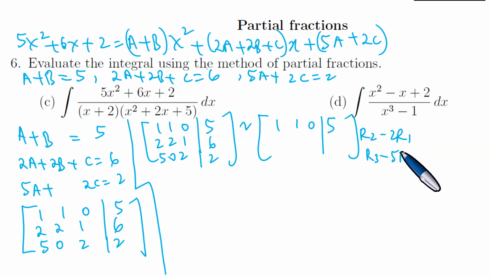Row 3 minus 5 times row 1: 0, 0, 1. So you have 0, 0, 2, minus 5 times 5 is minus 25, with the 2 is minus 23.